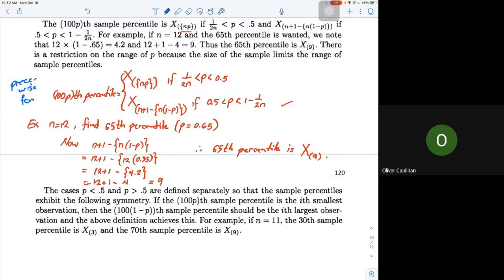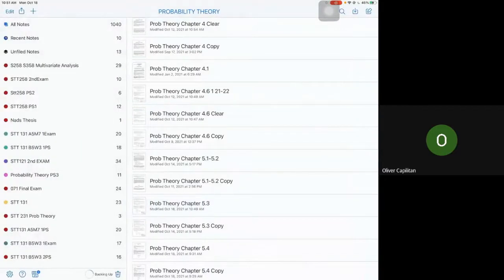Let us now proceed to determine the PDF or the PMF of our order statistics. Five point four.